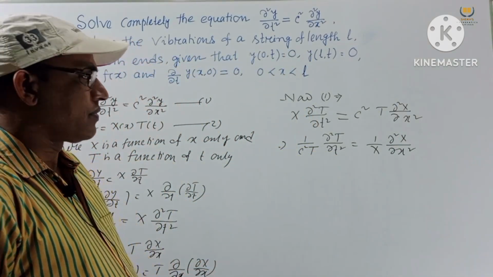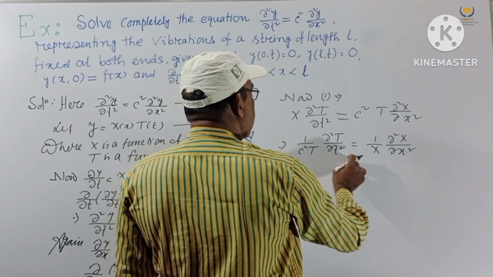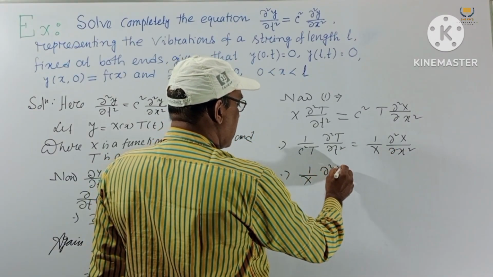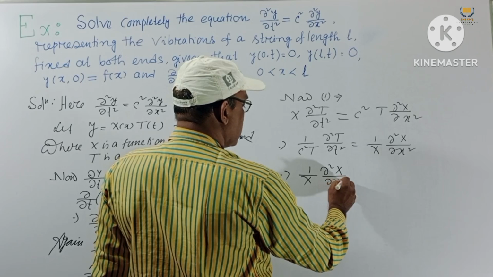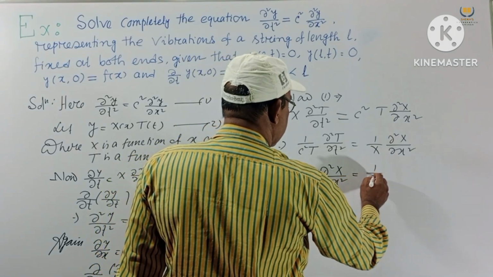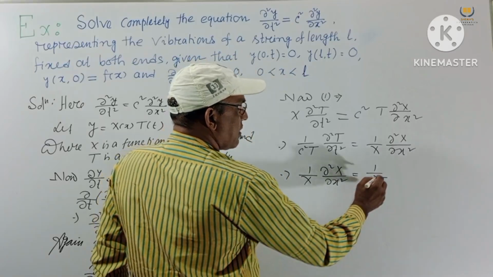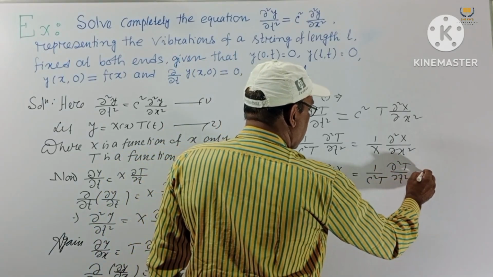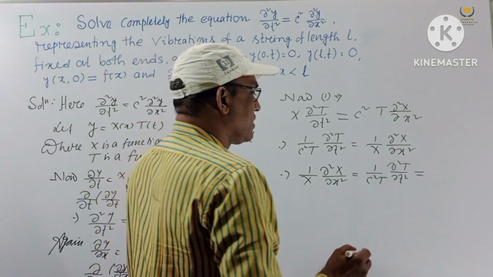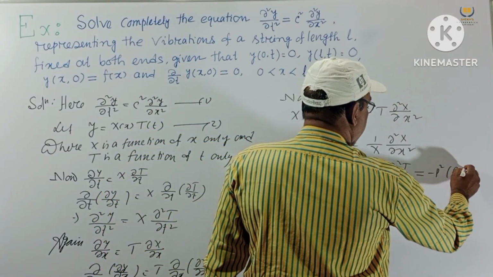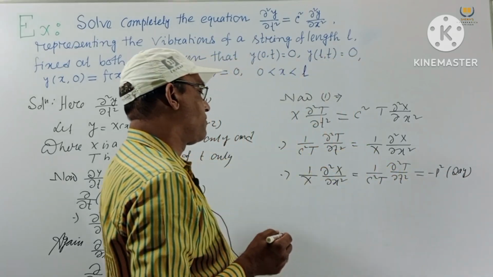Variable separation. We take this one on the left hand side and this one on the right hand side: 1/X ∂²X/∂x² equal to 1/(c²T) ∂²T/∂t². This is equal to, say, minus p² we consider.